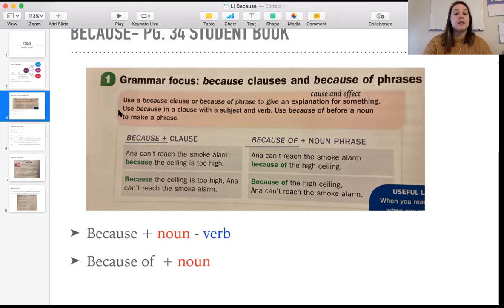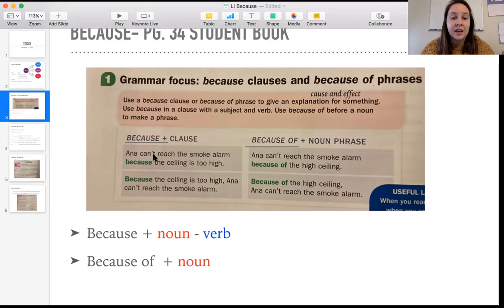Now let's look at the second sentence. Use because in a clause with a subject and verb. So when we use because, we're using it when we have both a noun and a verb in the cause. If we look at our two examples here, they're the same words, but the because phrase is just at the end and the beginning.